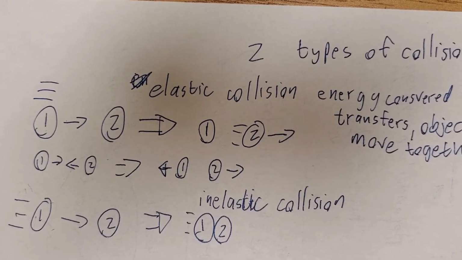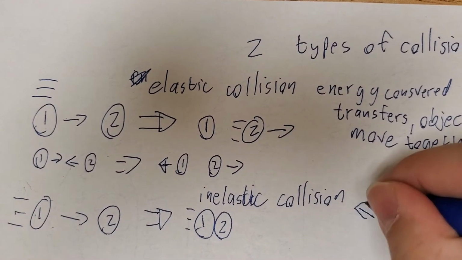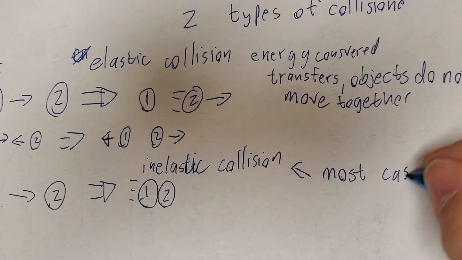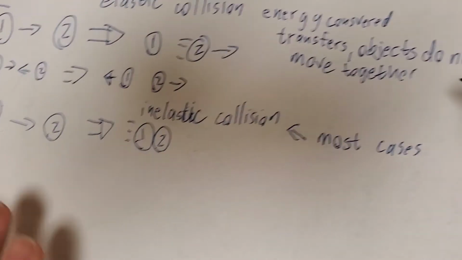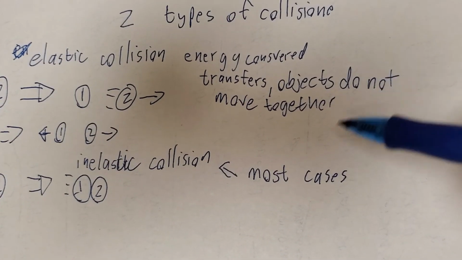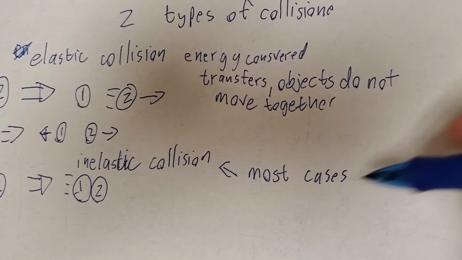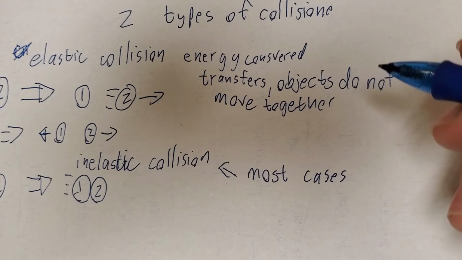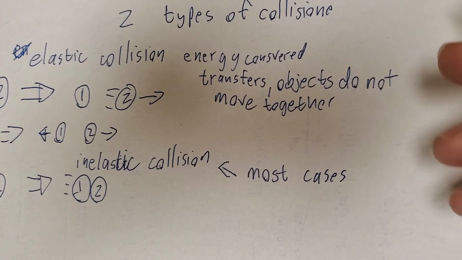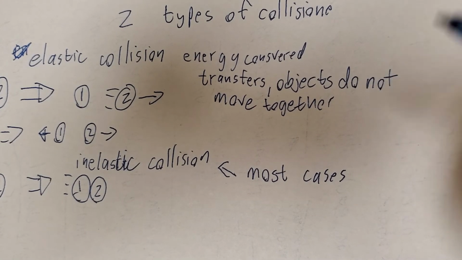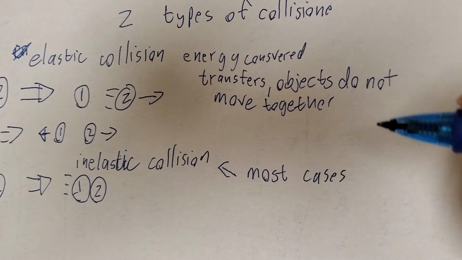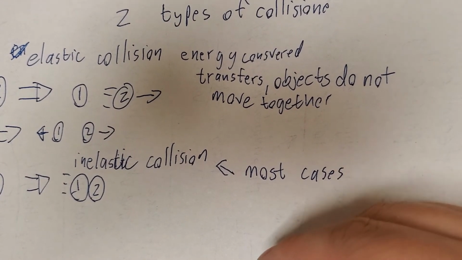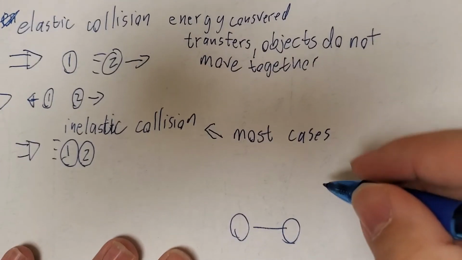Okay, and the inelastic collision, and this is most cases. Okay, so in this case, right, that kinetic energy will get transformed into other forms of thermal energy. This makes sense because if not all of the kinetic energy, if none of it transformed, then something would still be moving, right? But if we think about, again, let's go with our car here.